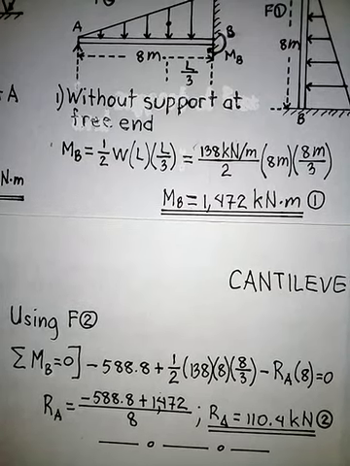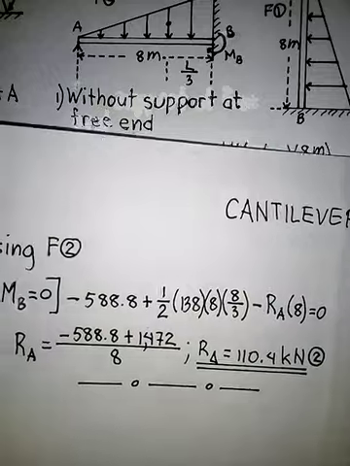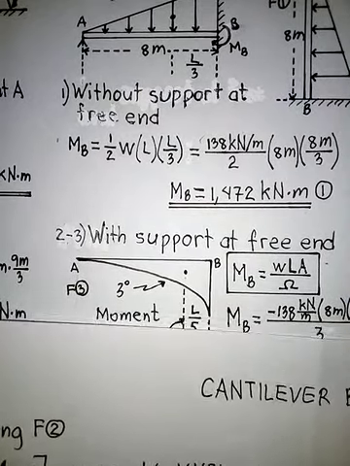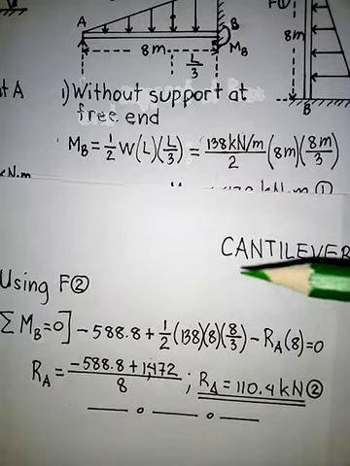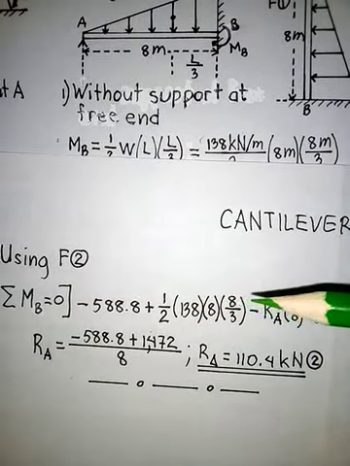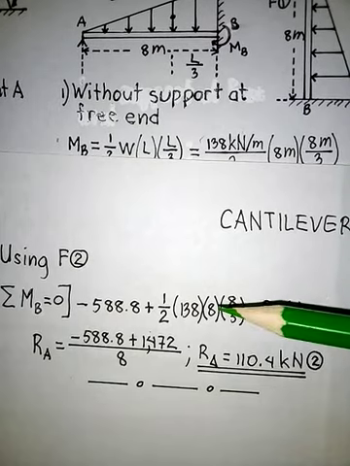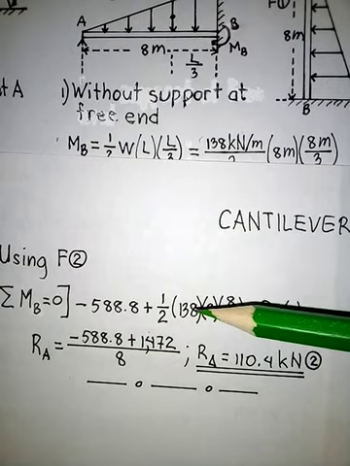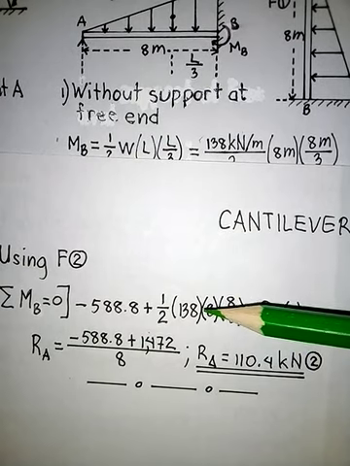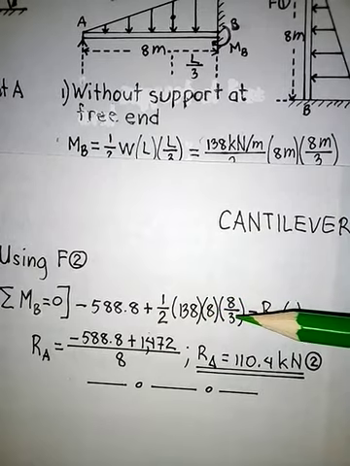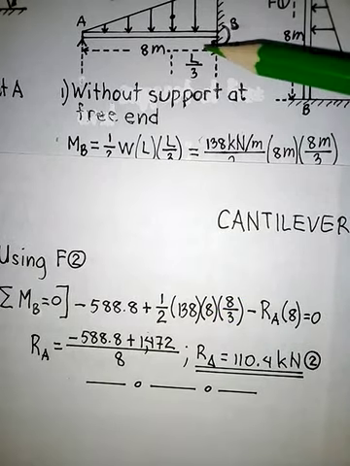So we already have the moment at B, or the fixed end moment with support at pre-end, that is negative 588, plus the moment produced by the load, that is 1/2 multiplied by 138 multiplied by the length of the beam, 8, and then by the moment arm of the load, which is L/3, this one.